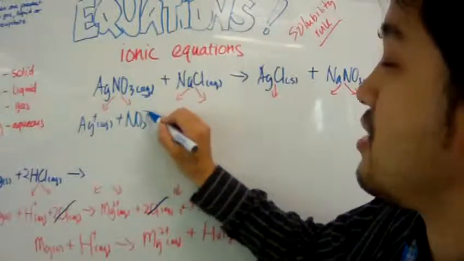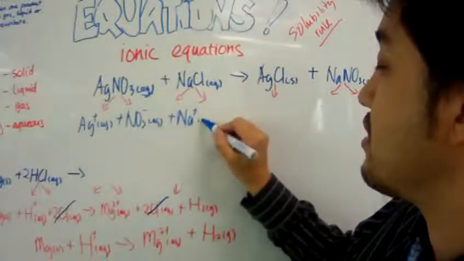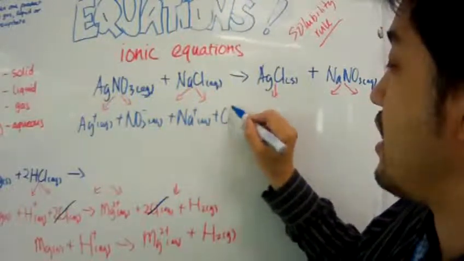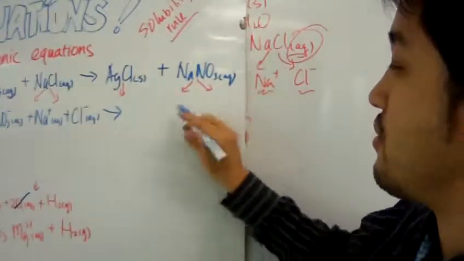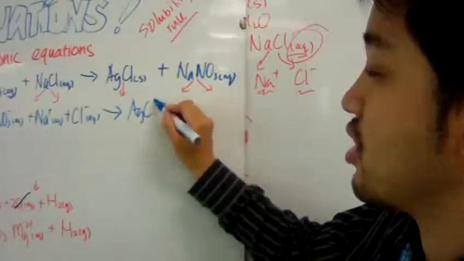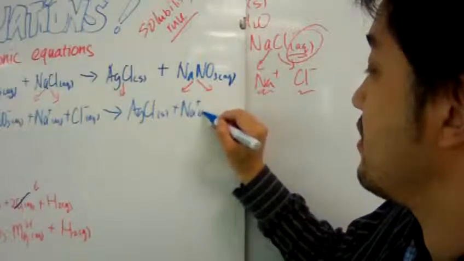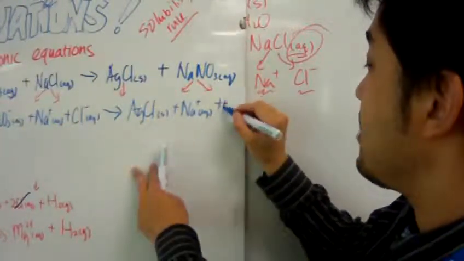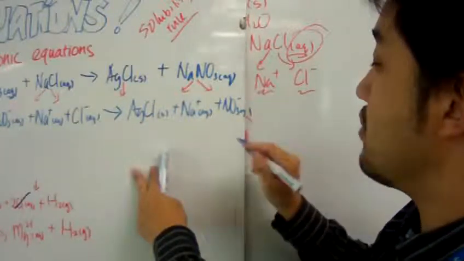with nitrate ions in solution with sodium ions and chloride ions. And what you form is silver chloride, which is a solid, plus sodium ions and your nitrate ions. Not enough space, so boom.